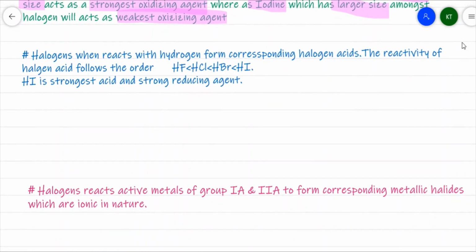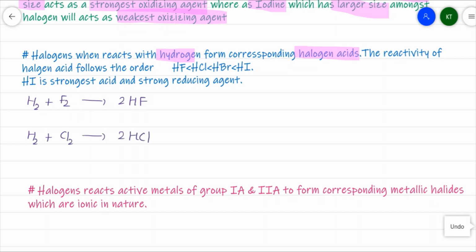Then halogens generally show a tendency to react with hydrogen, and when halogens react with hydrogen, they form the corresponding halogen acid. So hydrogen combines with fluorine to give hydrofluoric acid.